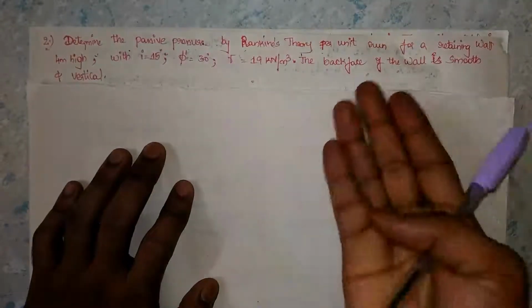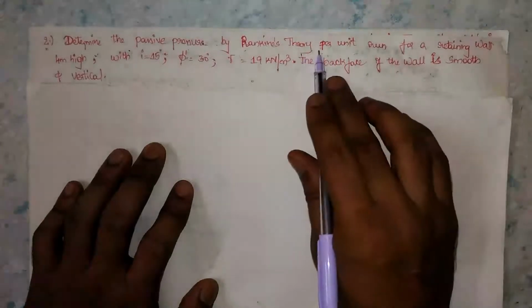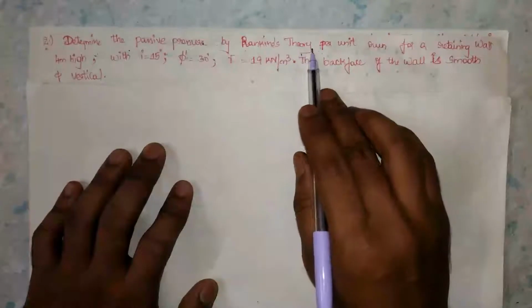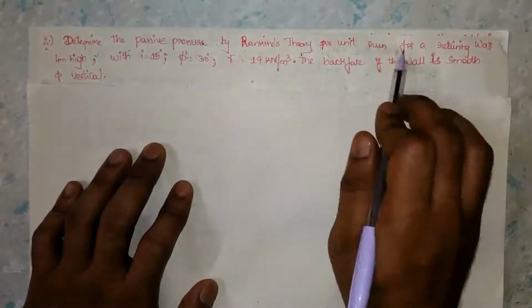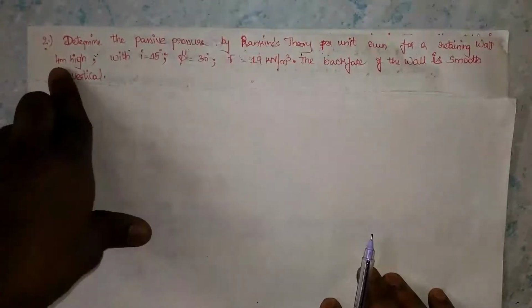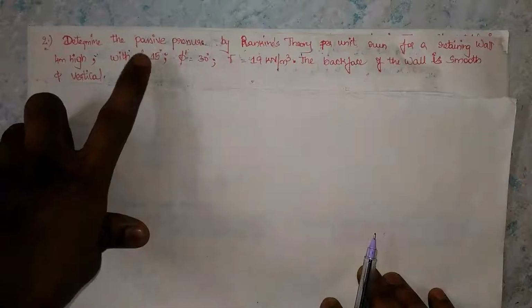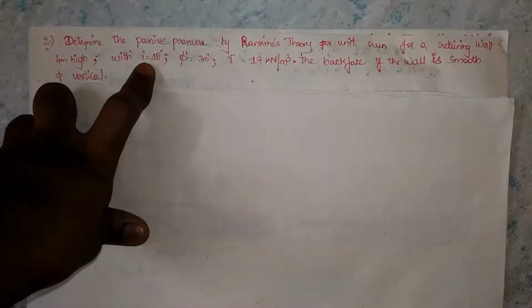Let's look further at the question. Determine the passive pressure by Rankine's theory per unit run for a retaining wall of 4 meters with an inclined slope angle. Since the slope angle is given, we again have to use Rankine's theory for an inclined surface.